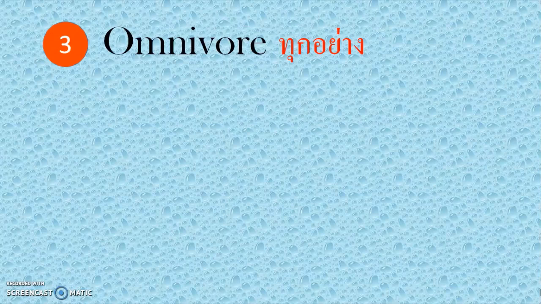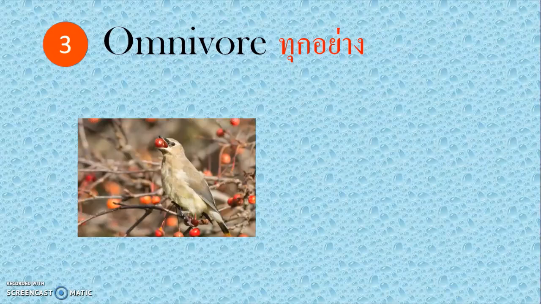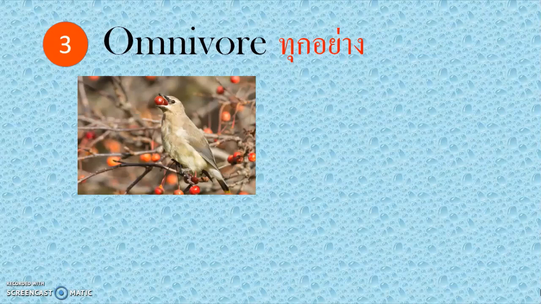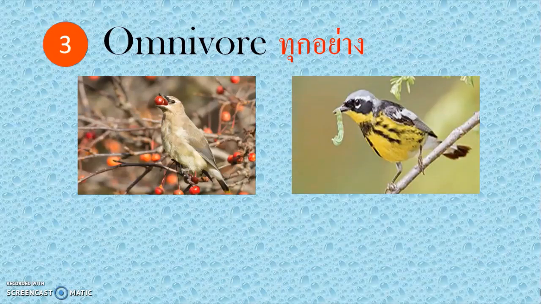And number three, omnivore. So what are the examples of omnivore? Do you know what this is and this? Yes, it's a bird. Why do they call it an omnivore?